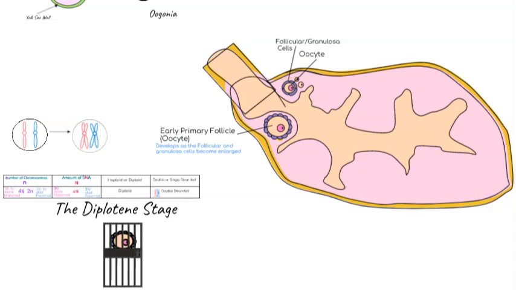And before birth, all your primary oocytes have entered into prophase 1 of the first meiotic division, and were arrested from further progression in the diplotene stage, and never completed their first meiotic division before birth. So those cells haven't gone on to divide. Okay?